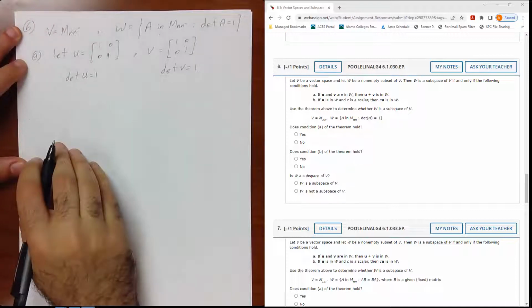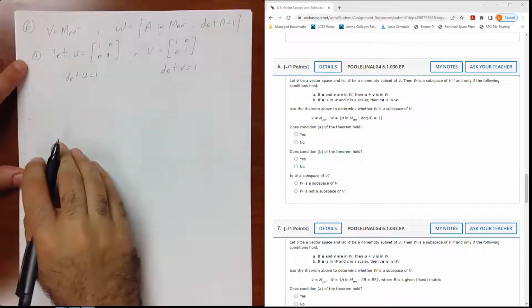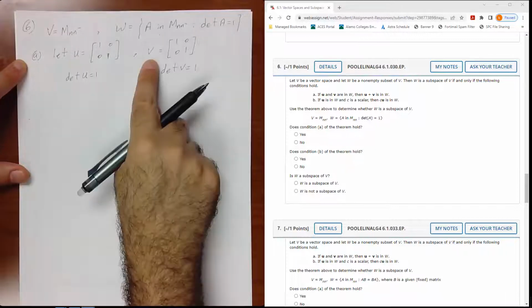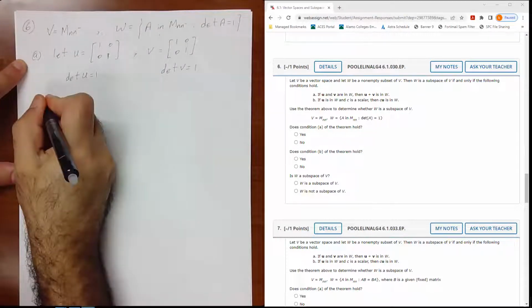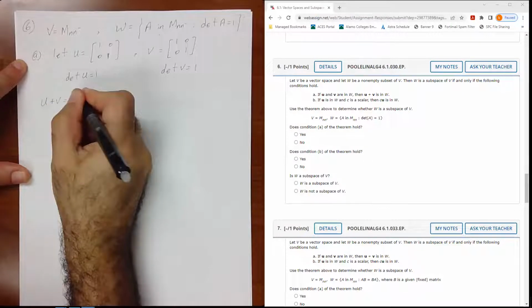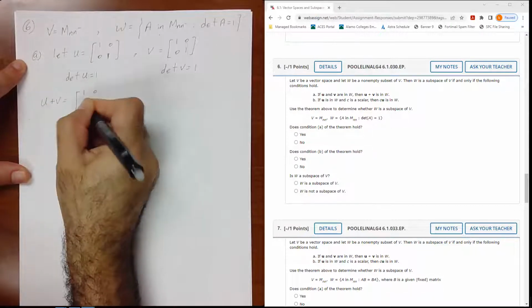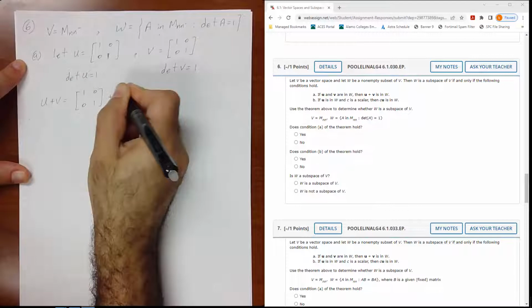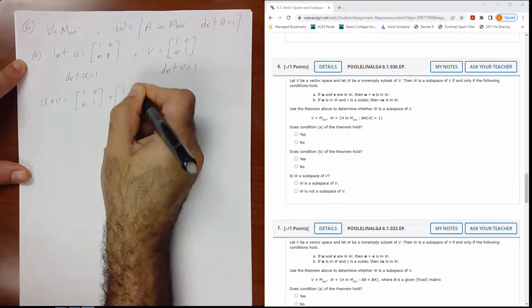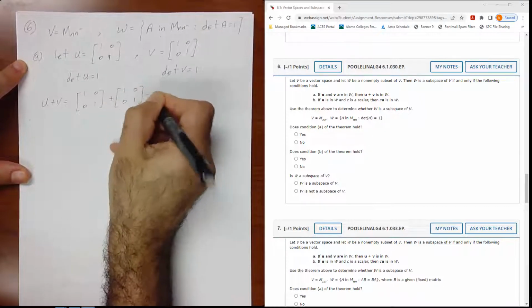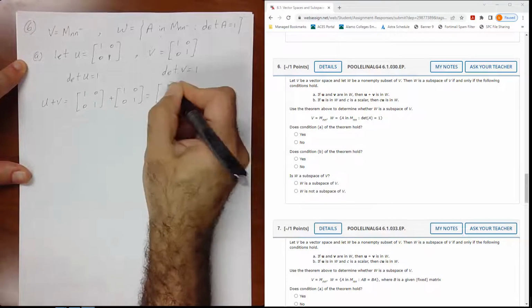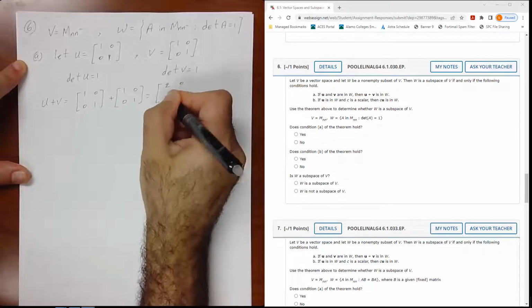Now we need to check the first condition. U plus V is the matrix 1, 0, 0, 1 plus the matrix 1, 0, 0, 1. If you add these together, the result is 2, 0, 0, 2.